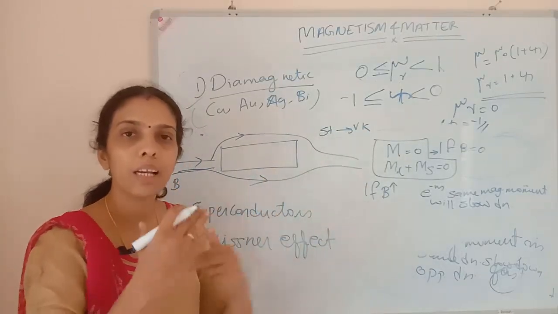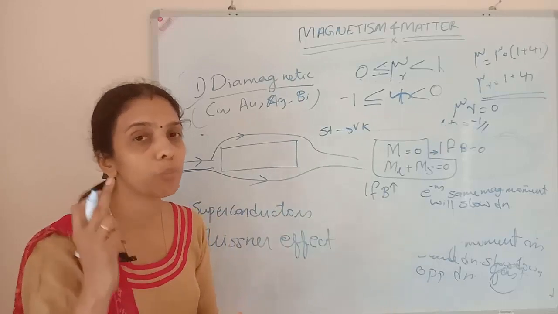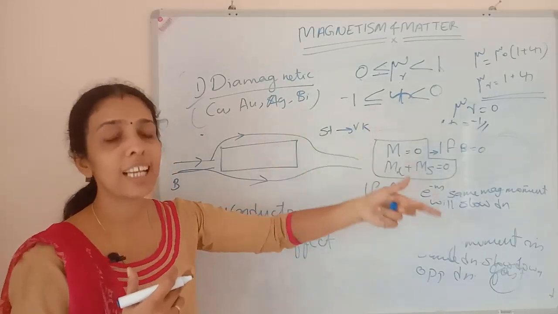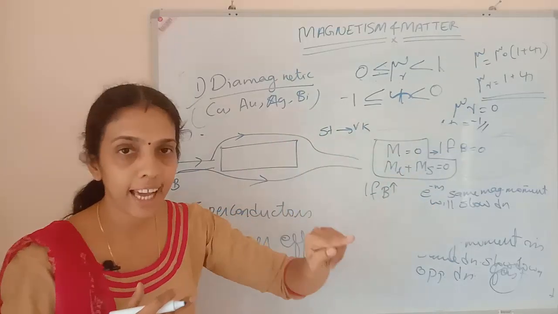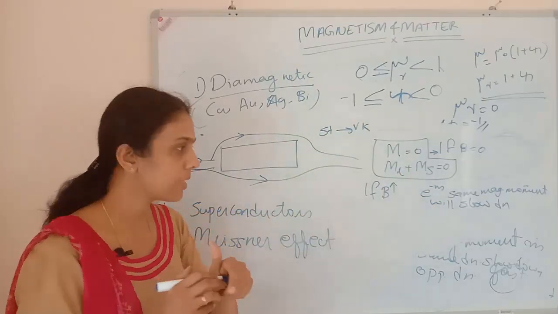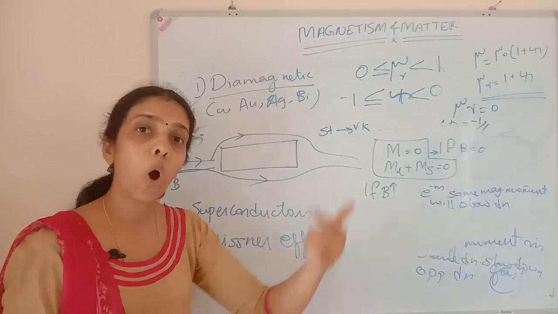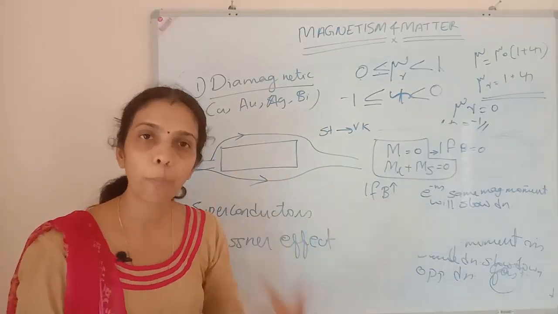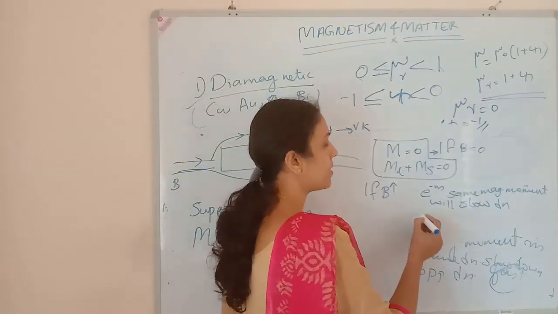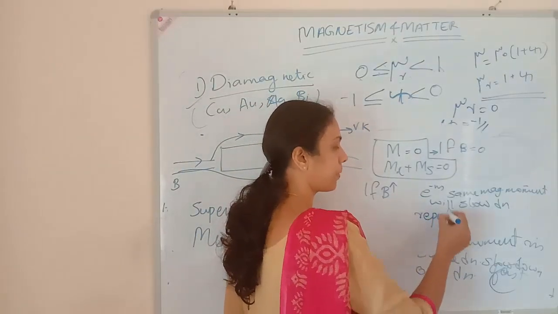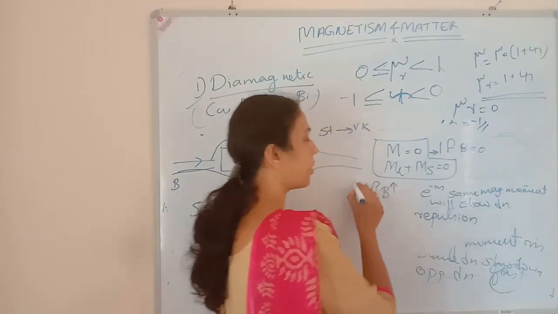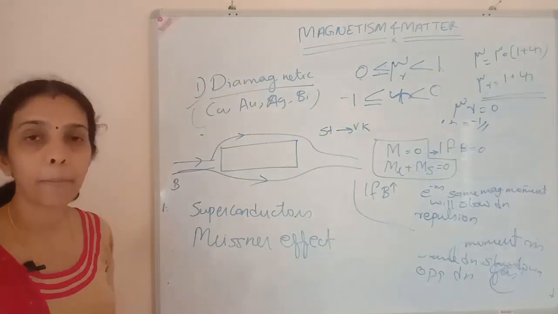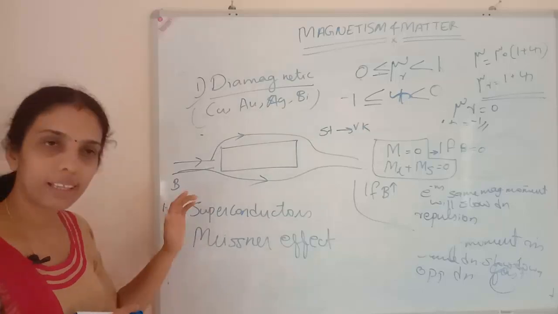So the net effect will be in the opposite direction, because the electrons moving in the opposite direction are faster. That causes a repulsion. That is the reason for the repulsion of magnetic moment in a magnetic field in the case of a diamagnetic substance. Okay, clear this?